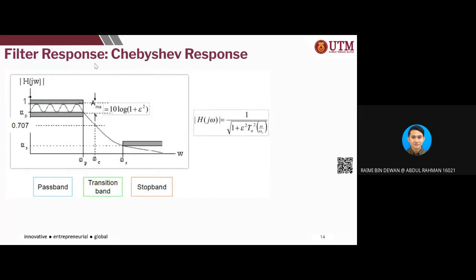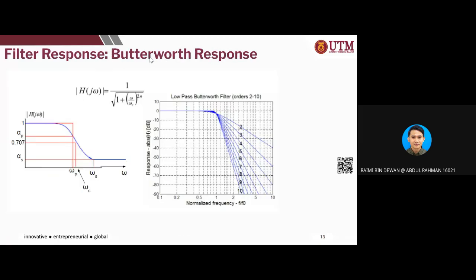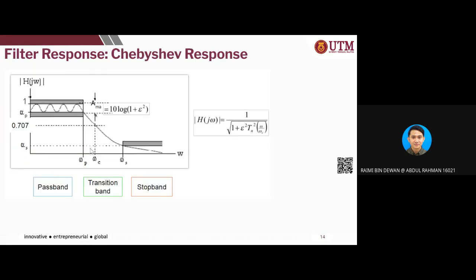The next is the Chebyshev response. Just now, the Butterworth response was without ripple and has slow roll off compared to Chebyshev. Chebyshev has faster roll off, however with ripple. So this is your filter response for Chebyshev.